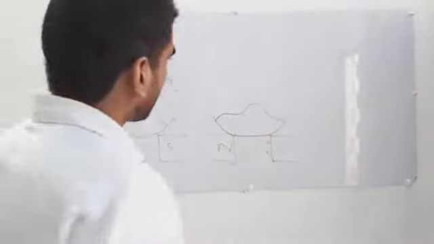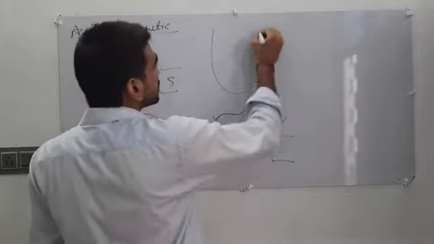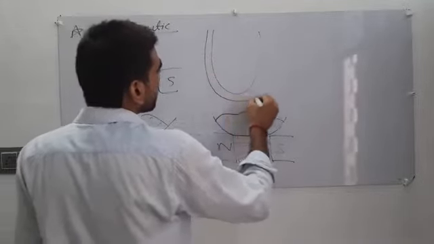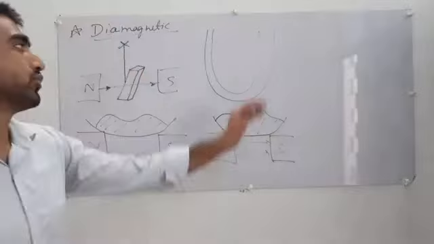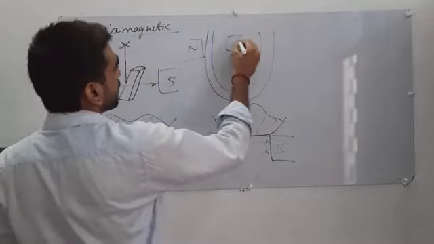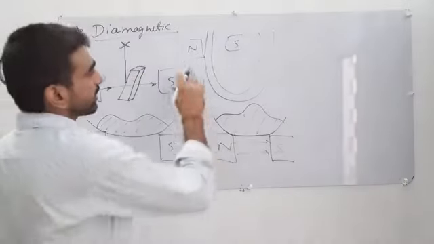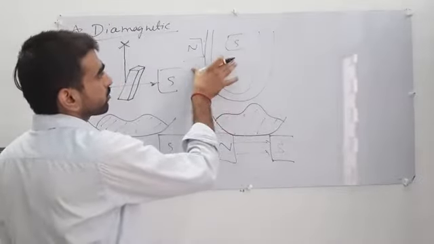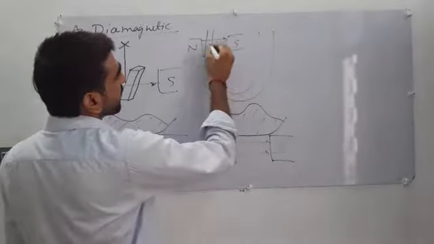Now the second property: if we make a U tube, like a U structure, and place a north pole and south pole like this, you know there is a net magnetic field.